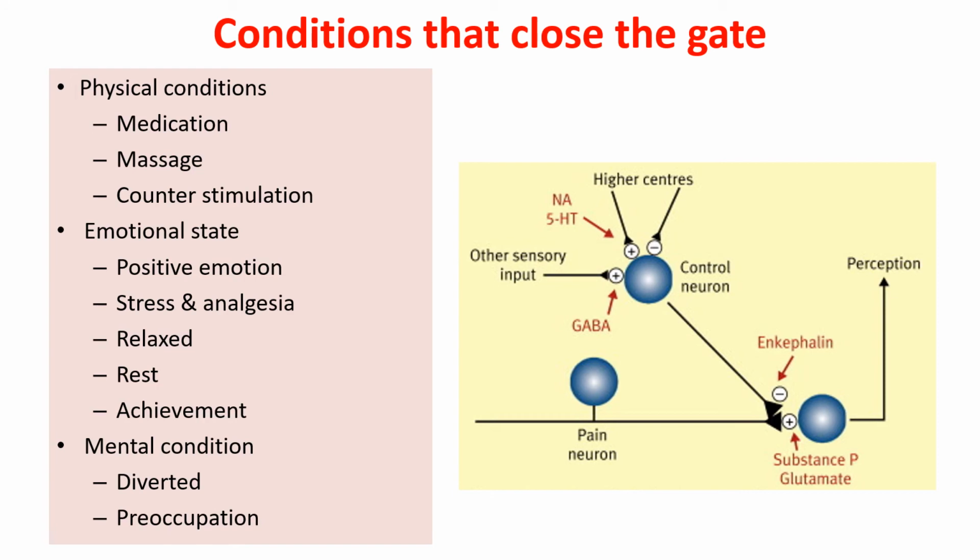So during stress, this molecule is released. The beta endorphins, or endogenous opiate substances, thus produce analgesia. This is known as stress-induced analgesia.